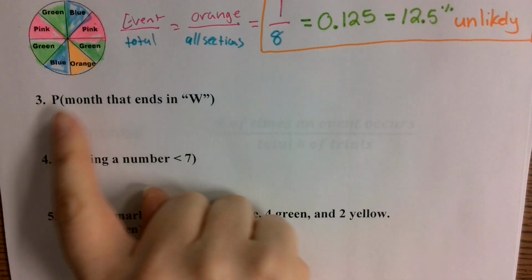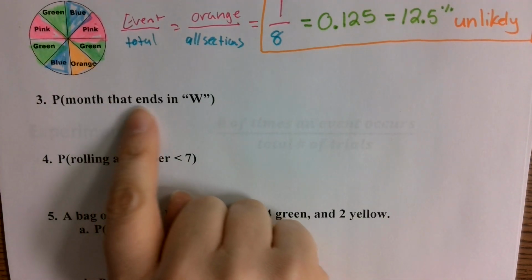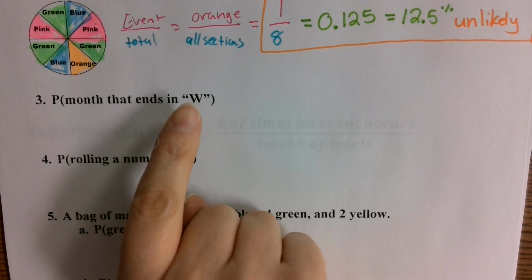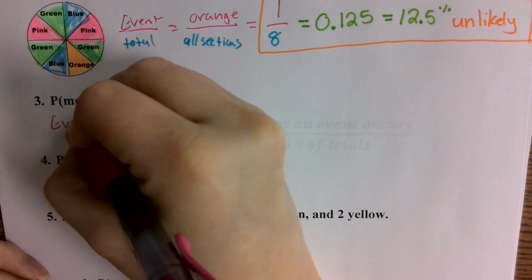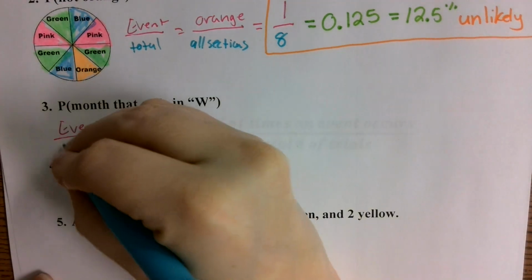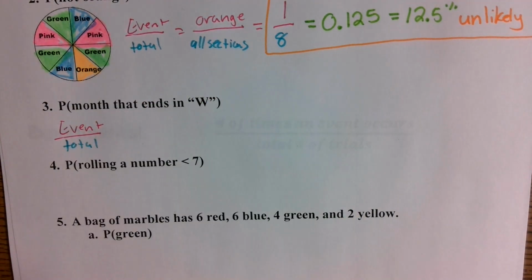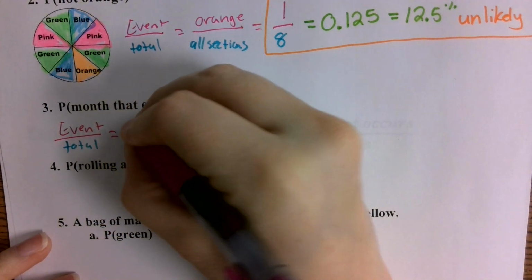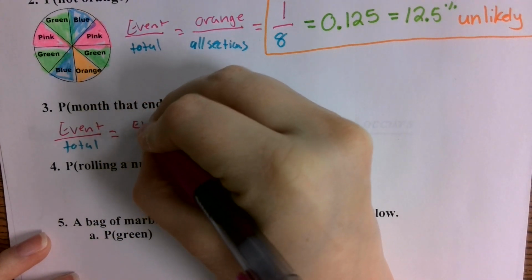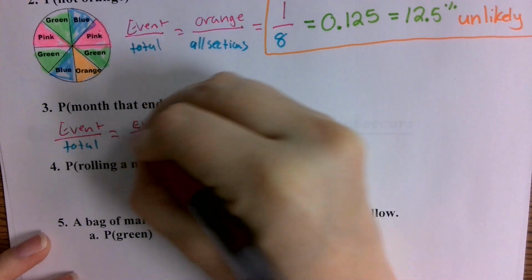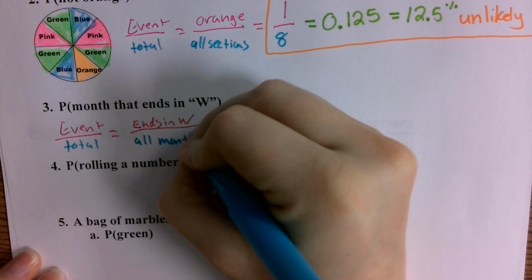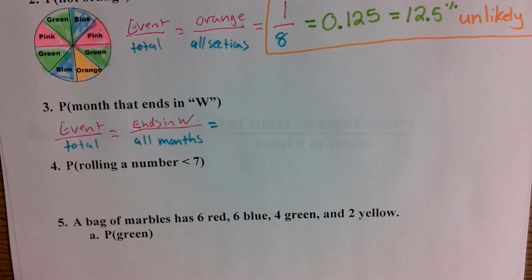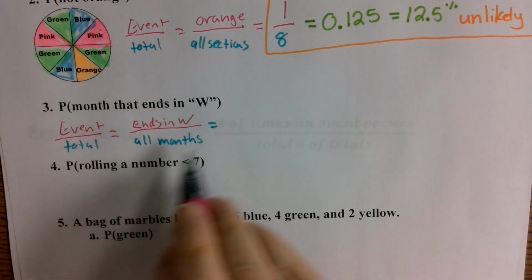Number 3, probability that a month is going to end in the letter W. Okay, so again, we're going to set this up as our event over our total. So the event is a month that ends in W out of all the months. What months end in W?